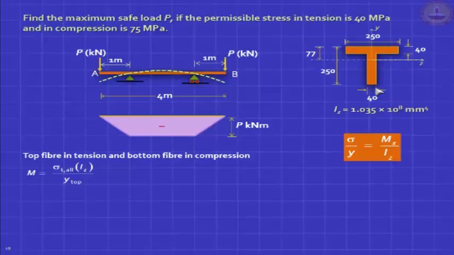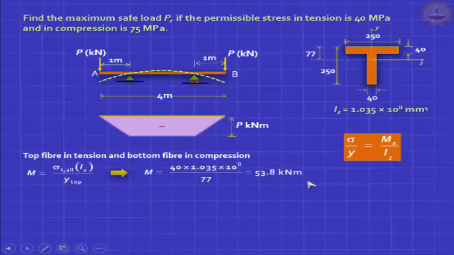So if I say that the top allowable stress is governing the design, then I should take M is equal to sigma top allowable divided by Y top into I. Incidentally, this I_z by Y top is the section modulus, but I didn't write section modulus here, I took the whole thing.